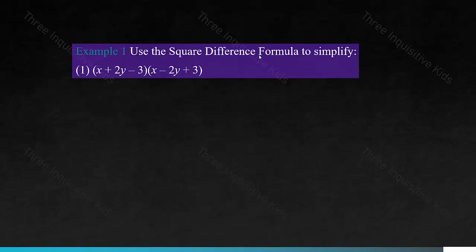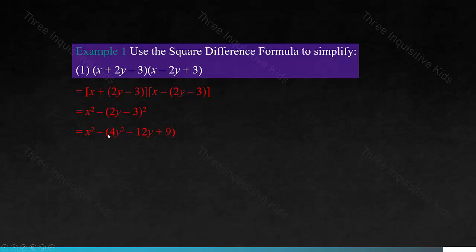I want you to use the square difference formula to simplify this expression. Now we're using the square difference formula. So our first step is to use brackets and parentheses to group certain terms together. You can see that we've grouped this 2y minus 3 in both polynomials together, so we can look at them as a whole. We apply the square difference formula to get x squared minus 2y minus 3 squared, and then we use the perfect square formula.